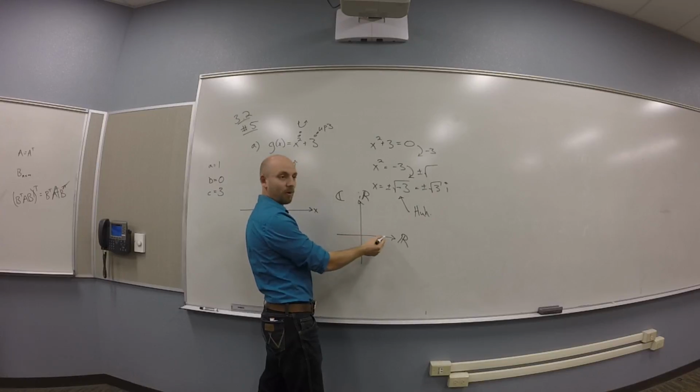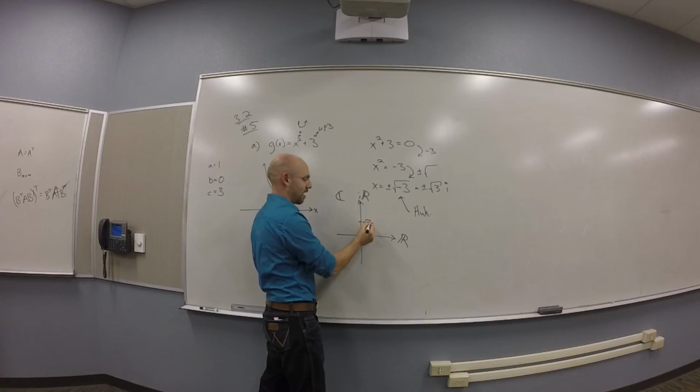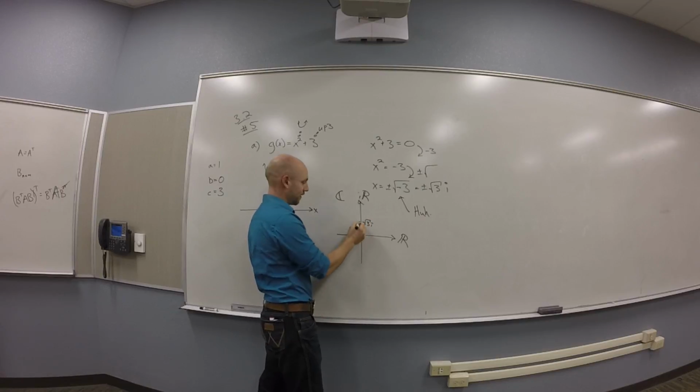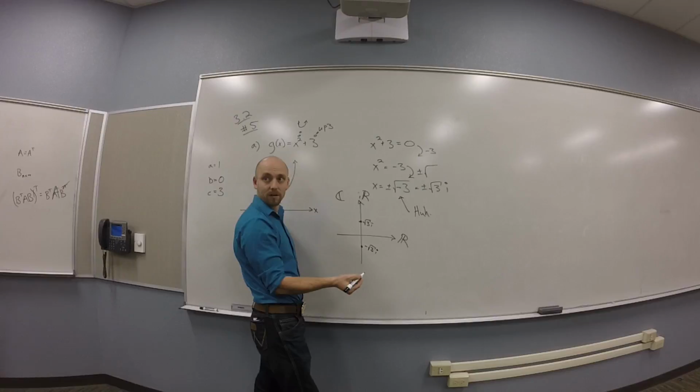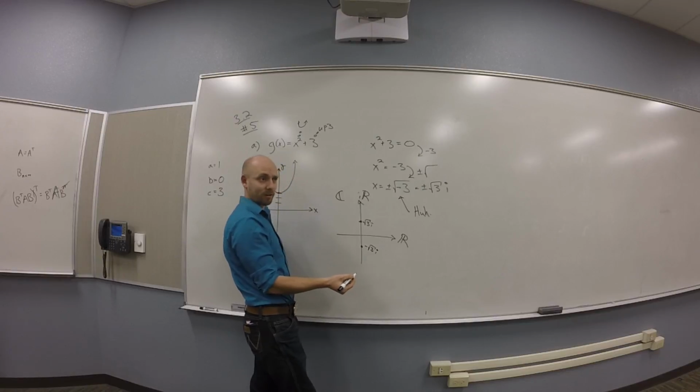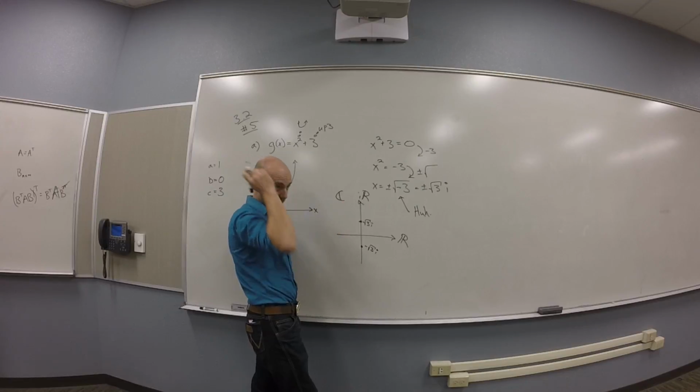So that's 0 real part, up root 3 i, and down root 3 i. I don't really particularly care if you do this. I think probably even your book is just looking for the answer. There aren't any real zeros. Is that your question? Oh, no.